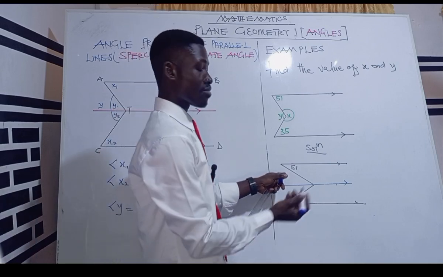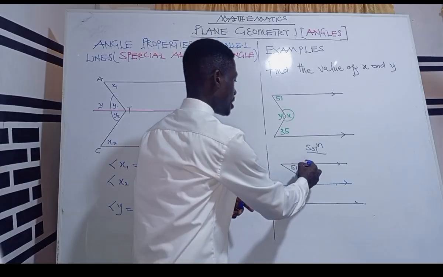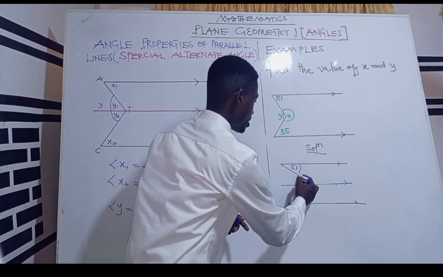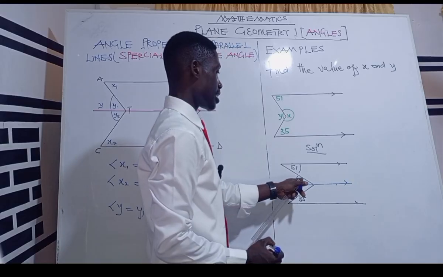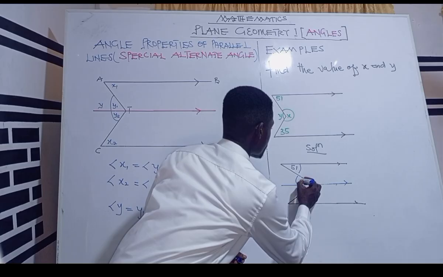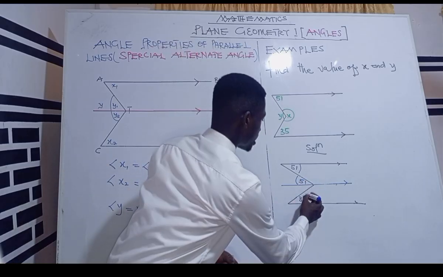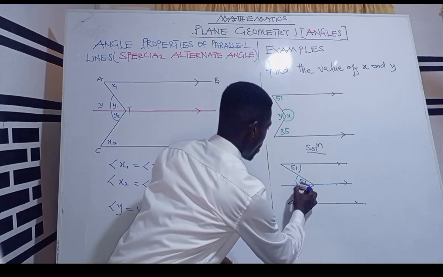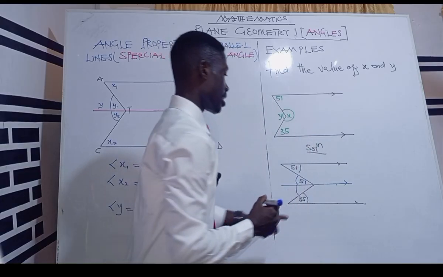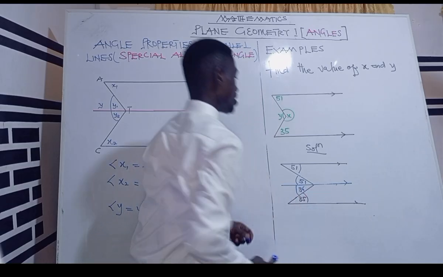Now you realize that after drawing the third power line in between the two power lines, this angle alternates with this angle. So you can see that this angle is 51 degrees. We can also see that this angle alternates with this angle, so this angle is also 35 degrees.